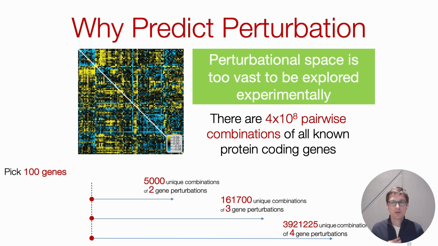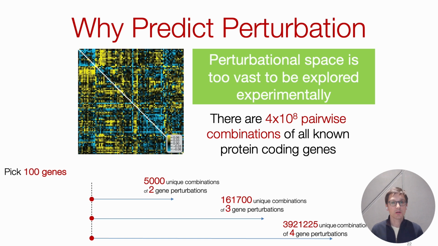And of course, doing this computationally is very important, because the perturbation space is just too big to be explored experimentally, to be explored manually, especially when you go to pairwise perturbations, triple-wise perturbations, and so on. The space is just too big to explore manually or experimentally.